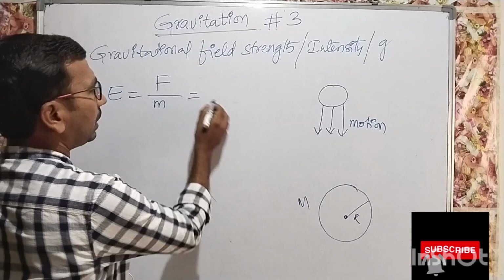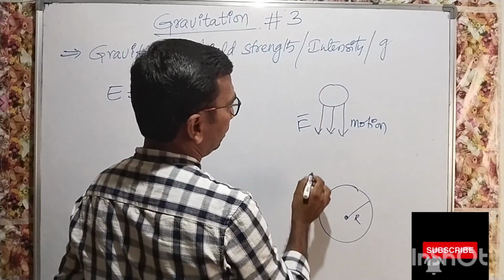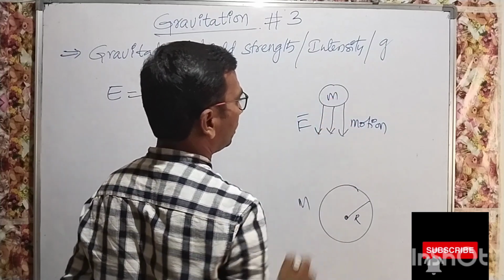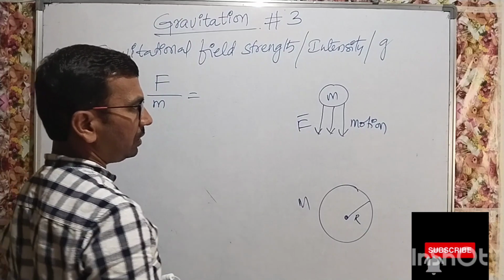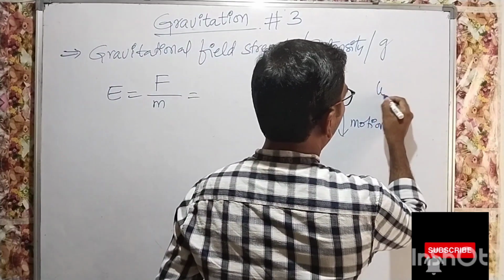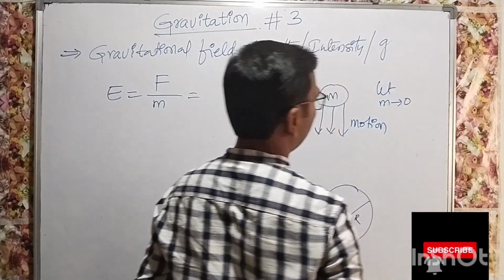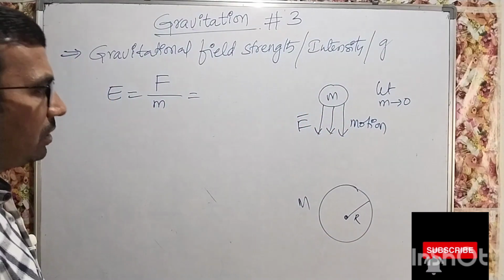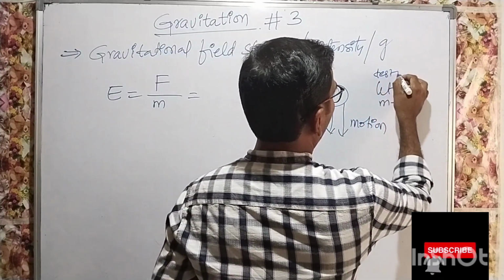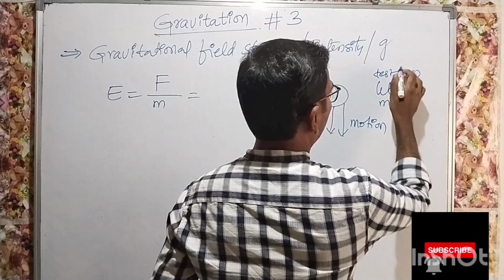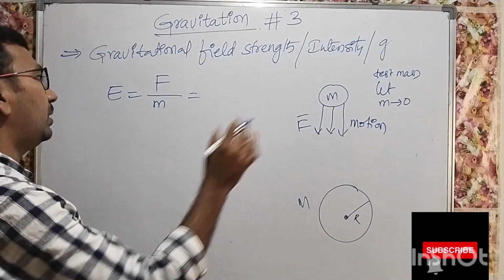So we know the gravitational force here. F, the gravitational force, acts on the body of mass small m, that is a test mass. The condition is the limit m tends to 0.